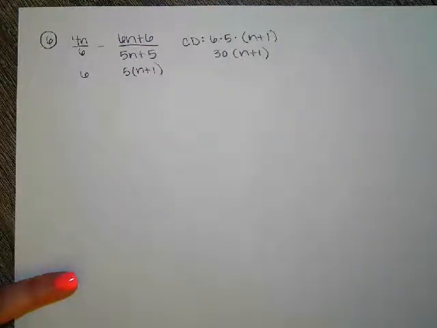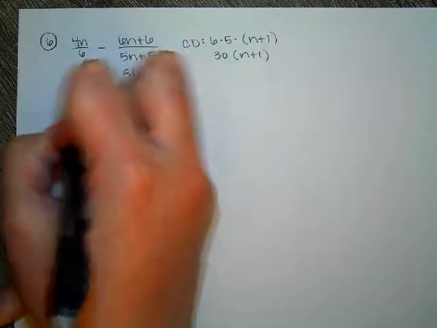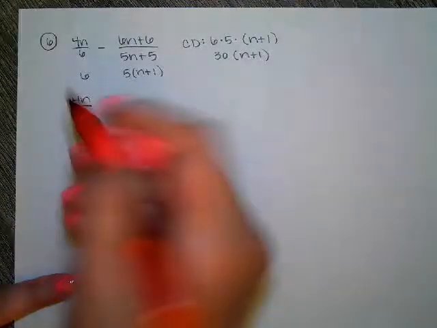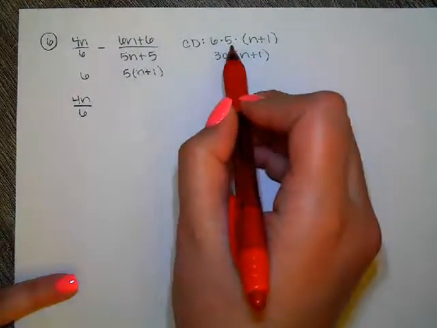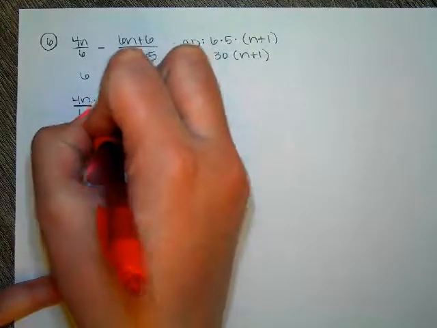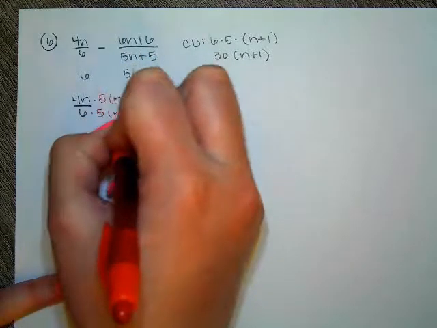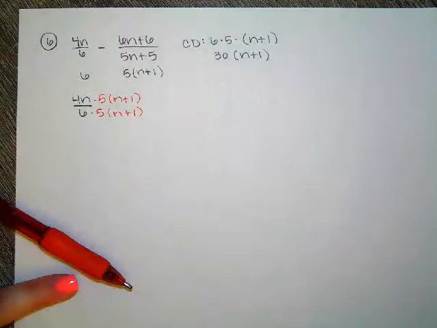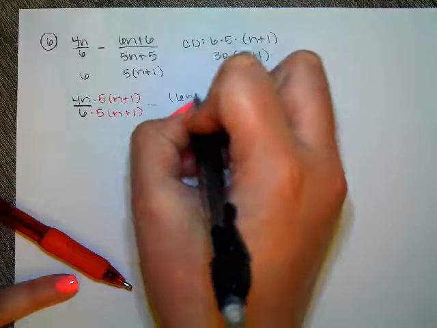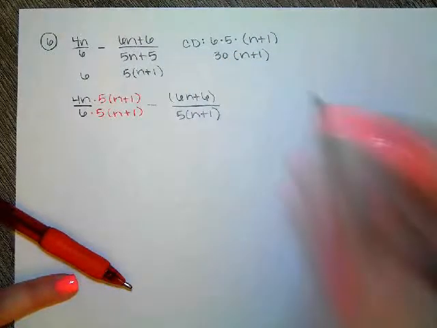All right. So I'm going to go ahead and write down my first fraction, 4n over 6. And since we have the 6 on the bottom, that means that we need the 5 and the n plus 1. Now I'm going to write down my second fraction, 6n plus 6 over 5 times n plus 1.